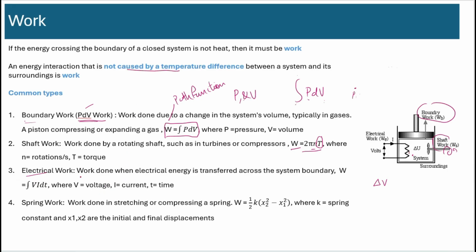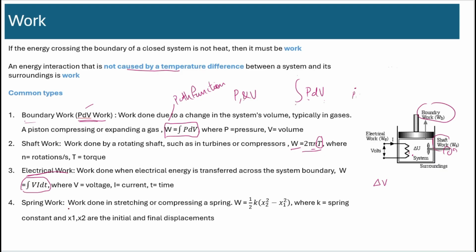The energy transferred in such a way is called electrical work. If you have a particular voltage difference V and there's a current I going inside, the total energy that gets transferred is integrating this over time. So that will be the total work done in joules by the electrical power source on the system.